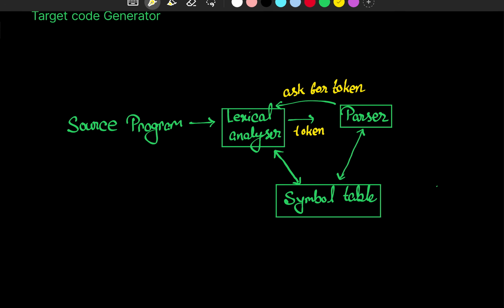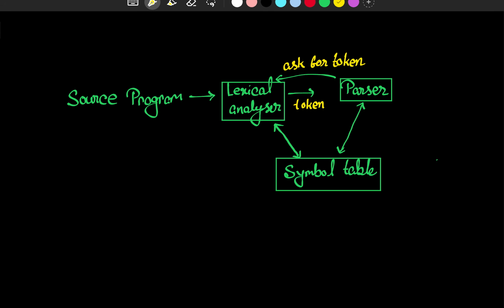Now let's see where parsing belongs. In these steps, first we give the source code. That source code will go to the Lexical Analyzer. What is the work of the Lexical Analyzer? Its work is to make Lexemes.